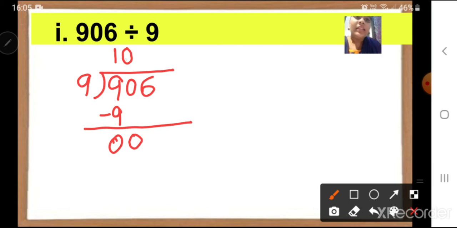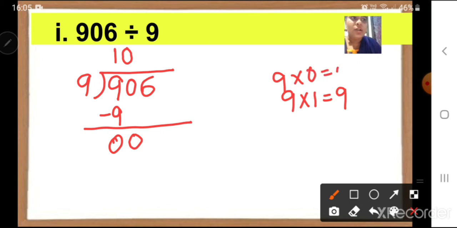Why are we writing 0 here, children? Because see, 9 ones are 9 and 9 zeros are 0. So we are putting 0.